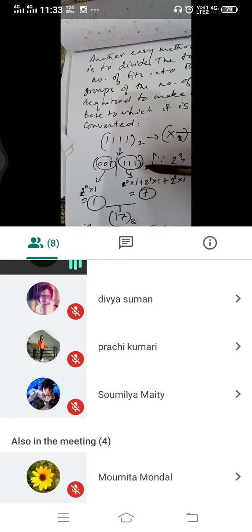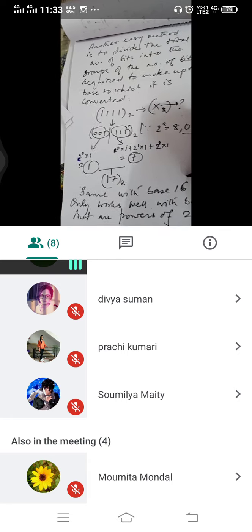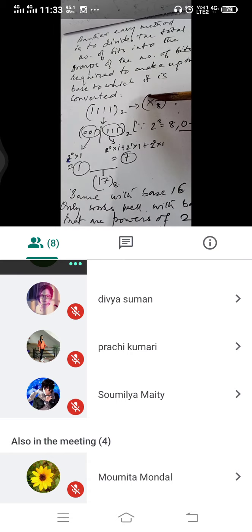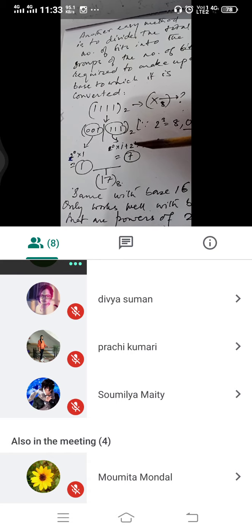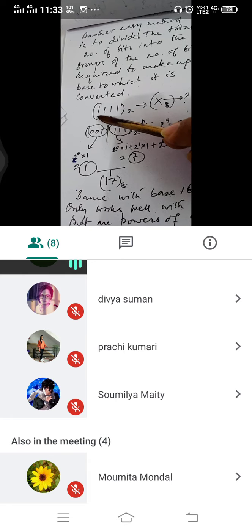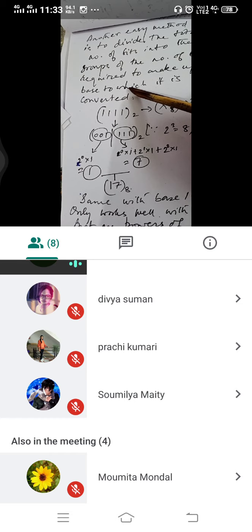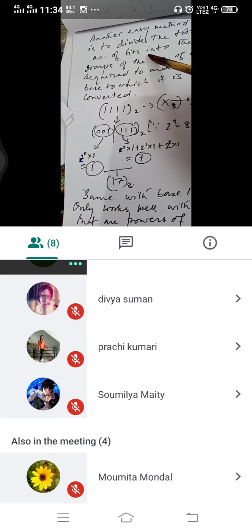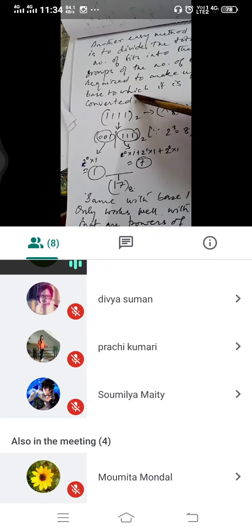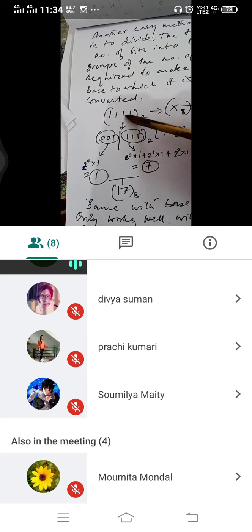However, this is a longer process, and you can do the same thing with base 16 as you did with octal. But base 16, how are you going to divide? Base 16 would have taken the entire 4 bits, because base 16 is 16. So 0, 1, 2, 3, 4, 5, 6, 7, 8, 9, A, B, C, D, E, F. 0 to 15 is 16 digits. What is 16? 2 to the power of 4. So we take 4 bits together.